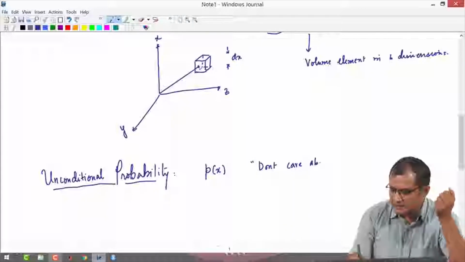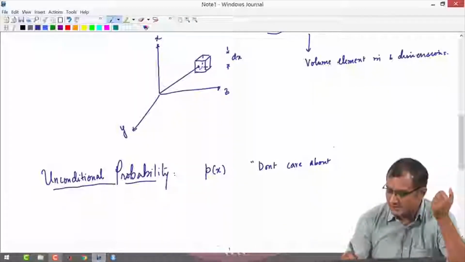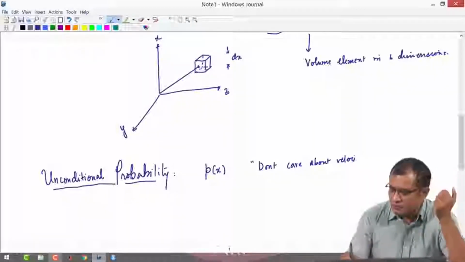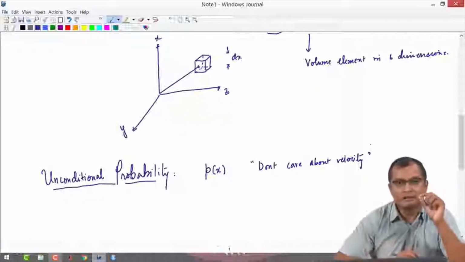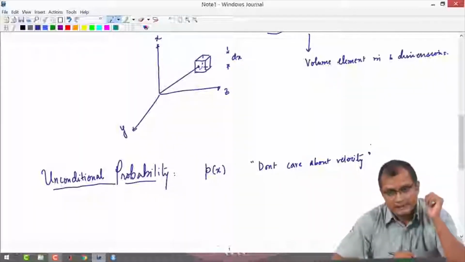You say that I don't care what the velocity is, all I want to know is the probability of finding a particle at location x.